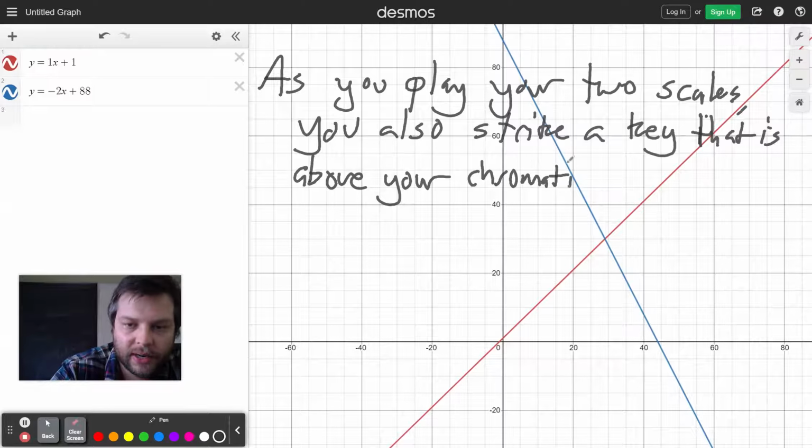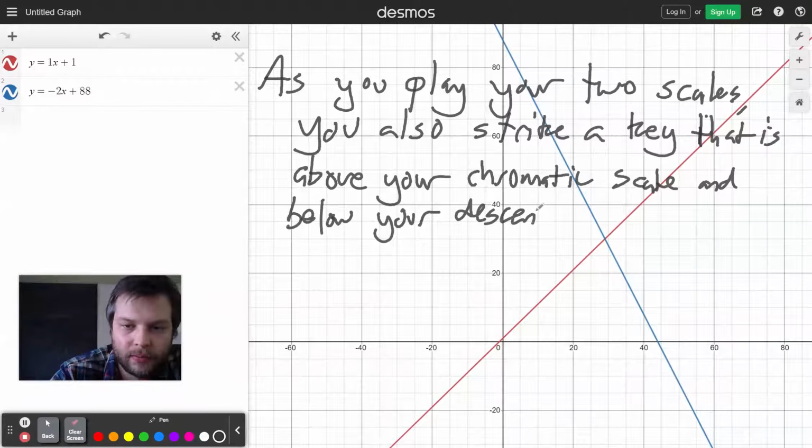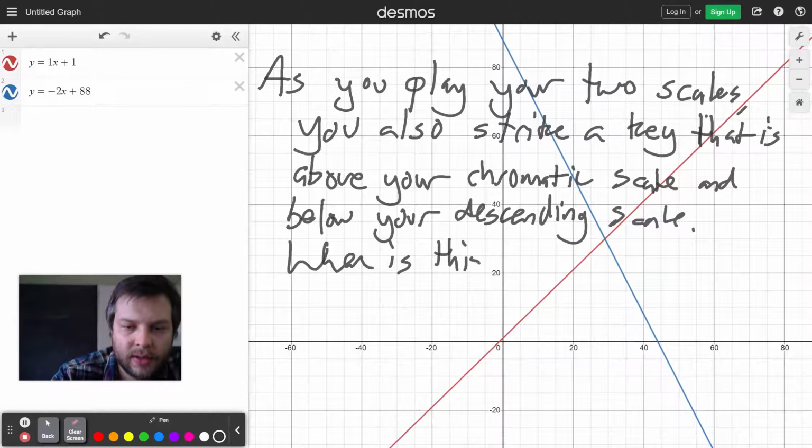Remember, that's the red line. And below your descending scale. When is this possible?